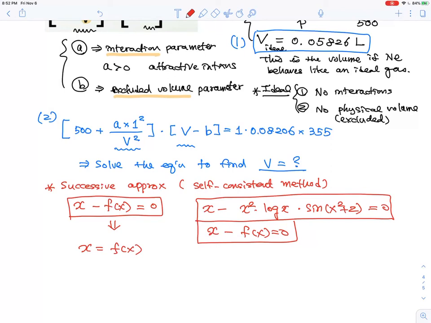So if I have an x value, I plug it in, I can calculate f(x), and that should give me the value of x, and I can plug it in again.